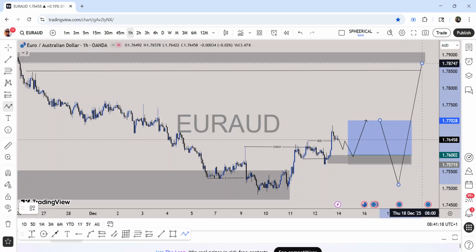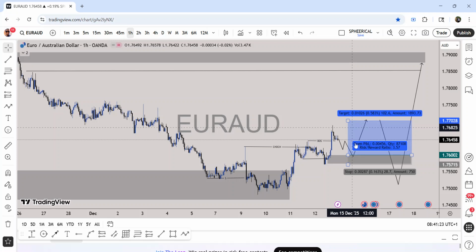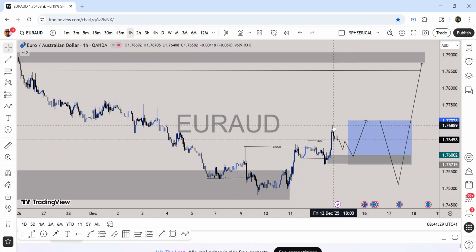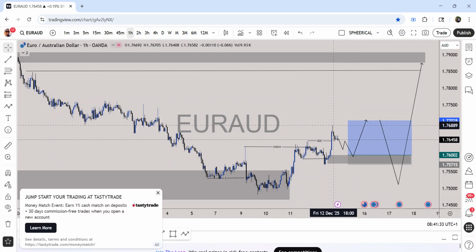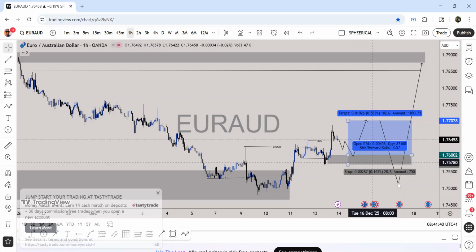So something like this might happen. That's why we will not be holding this position for a long time. We will just target this higher high. Once the market reaches there, we exit the market and wait again and see what the market is doing so that we can enter again.